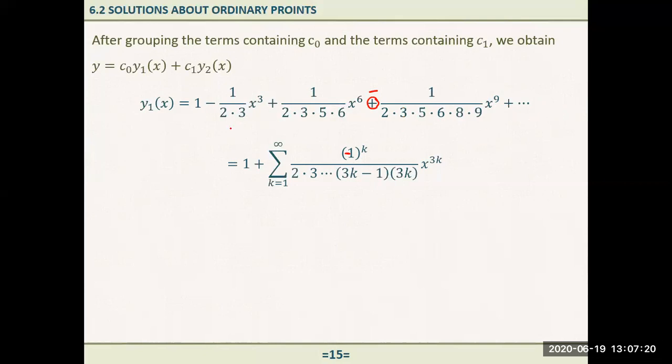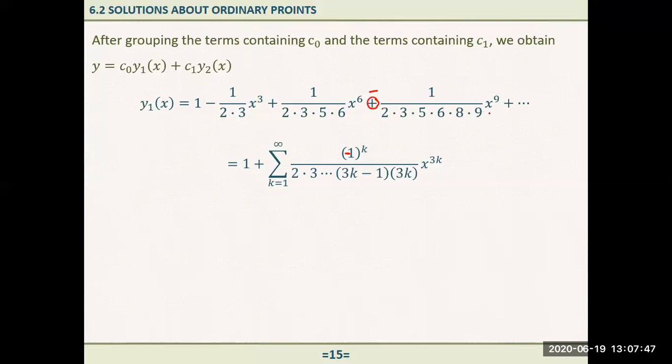And what do you notice here? It is 2 times 3, then 2 times 3 times 5 times 6, then 2 times 3 times 5 times 6 times 8 times 9. And the powers of x are x to the power 3, x to the power 6, x to the power 9.